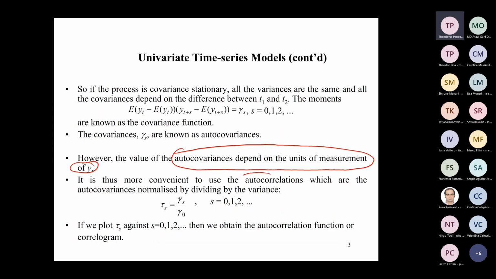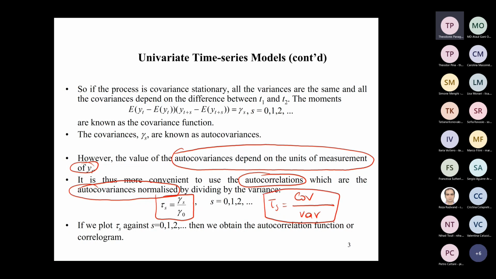Autocorrelations are normalized autocovariances, where we divide the covariance by the variance.